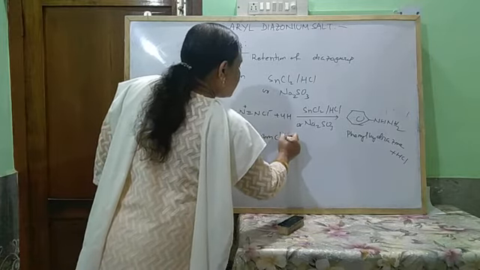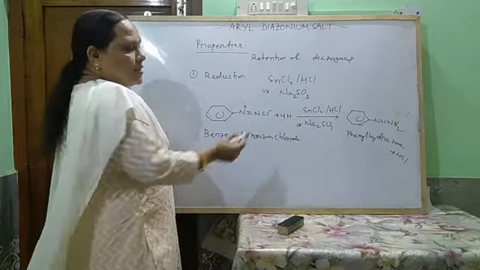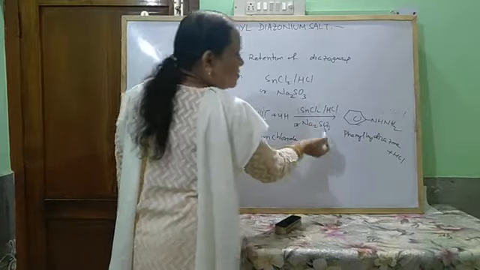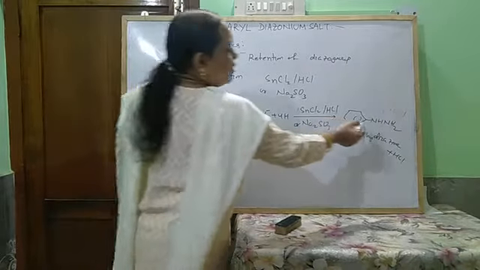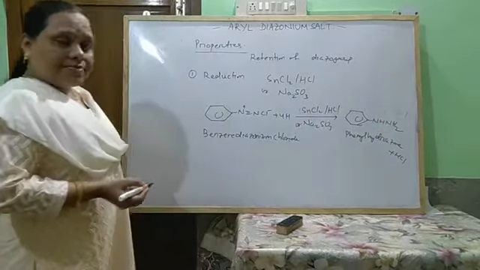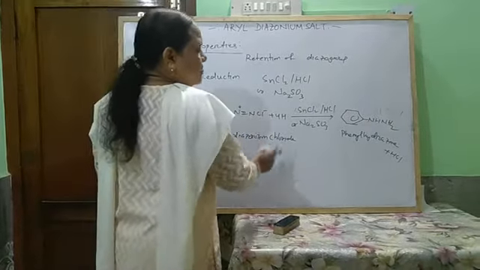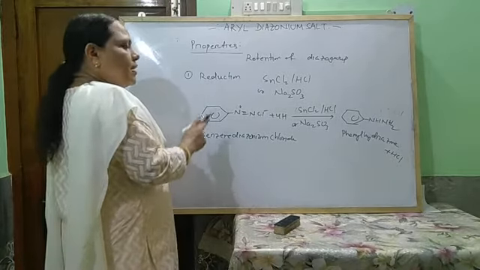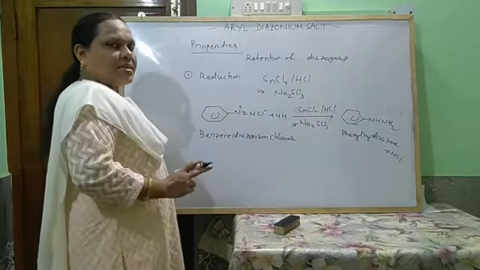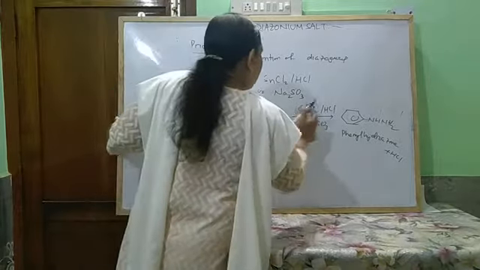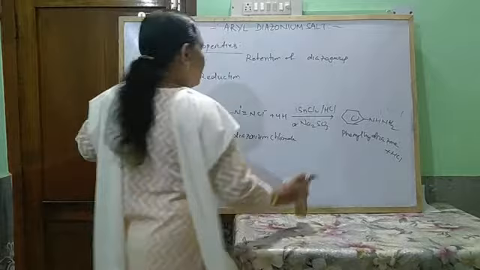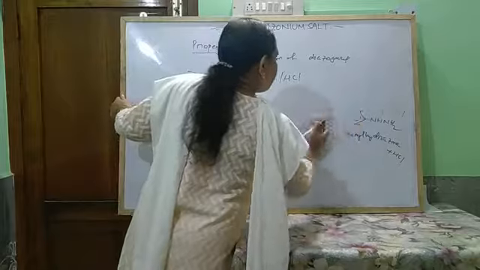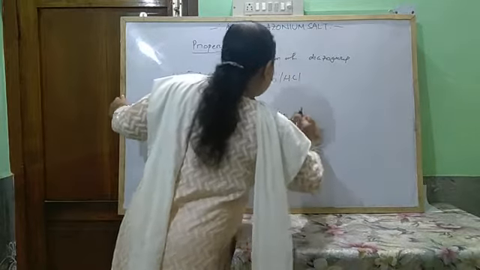Benzene diazonium chloride when reduced with stannous chloride in presence of concentrated HCl or sodium sulfide undergoes reduction to form phenyl hydrazine. But if the reaction takes place in presence of zinc and HCl, then complete reduction takes place and it forms aniline.